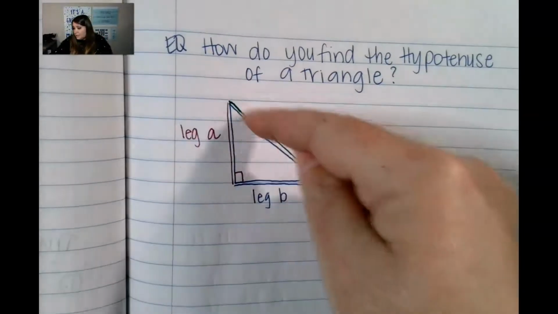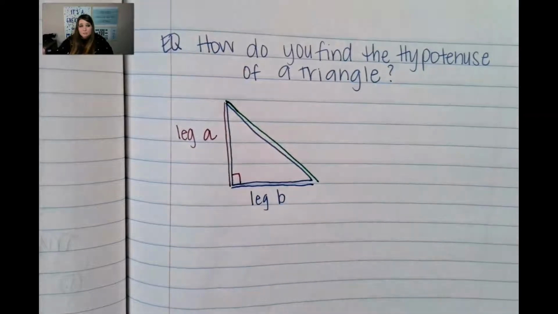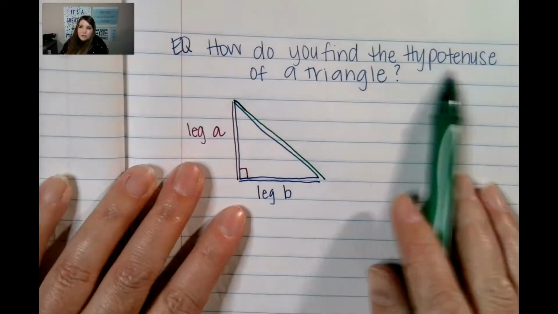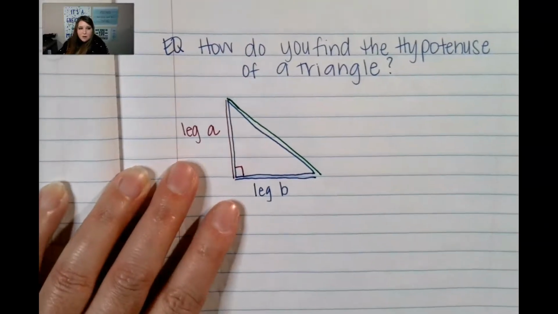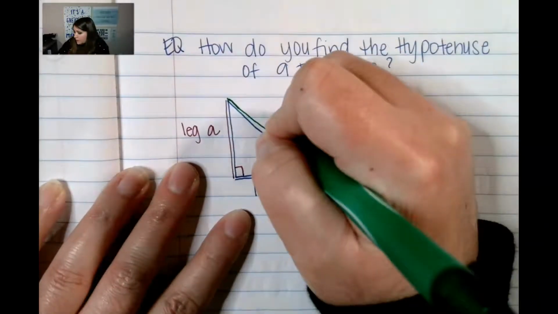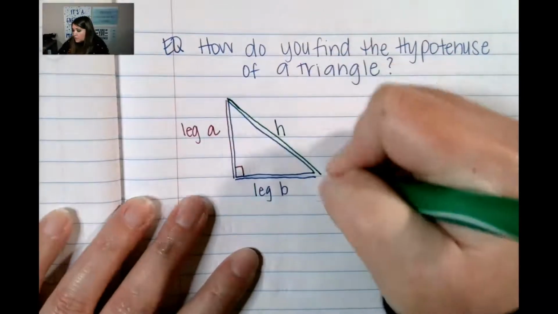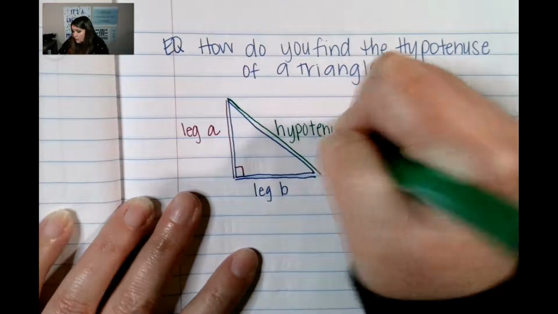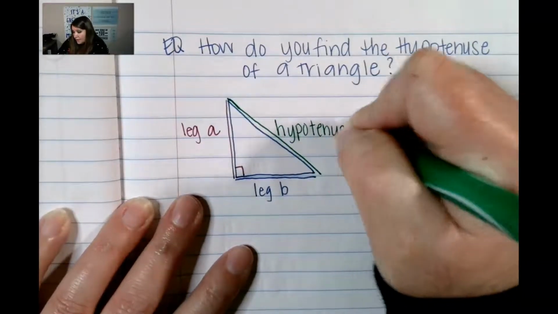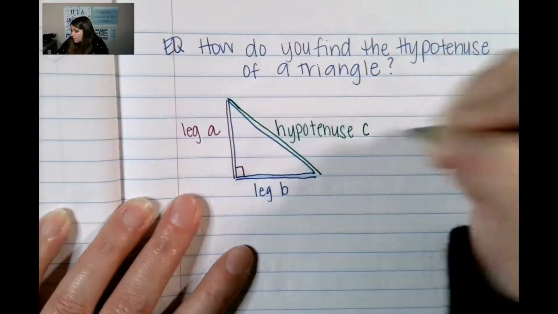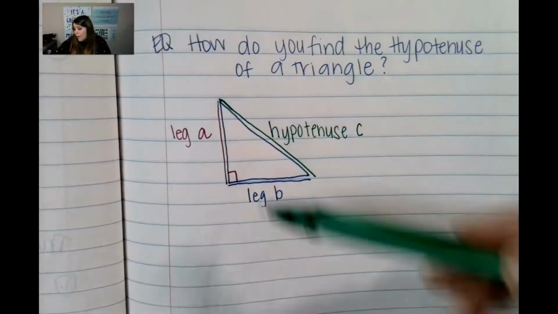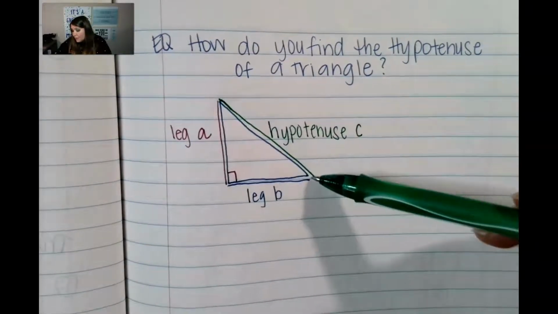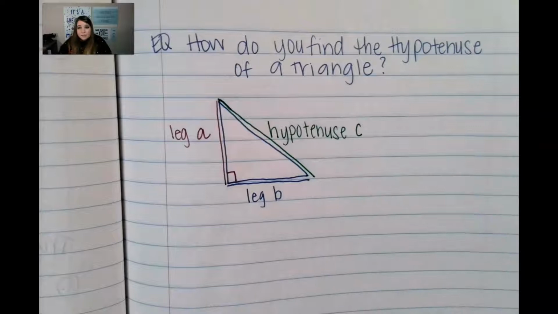Well, this angle right here is actually called the hypotenuse. And so this is called the hypotenuse, but we also call it C, or angle C. So you have A, you have B, and you have C, or the hypotenuse.